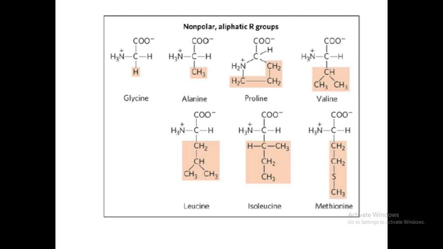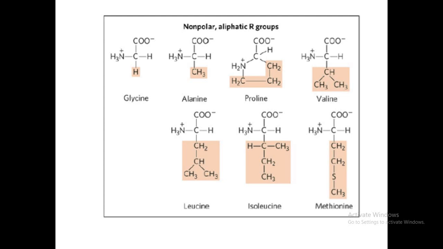So what are those amino acids? One is methionine, which has a sulfur atom making a thioether bond with another atom of the side chain. And the other amino acid, which we will study in the next slide, is cysteine, which also has a sulfur atom in its side chain.